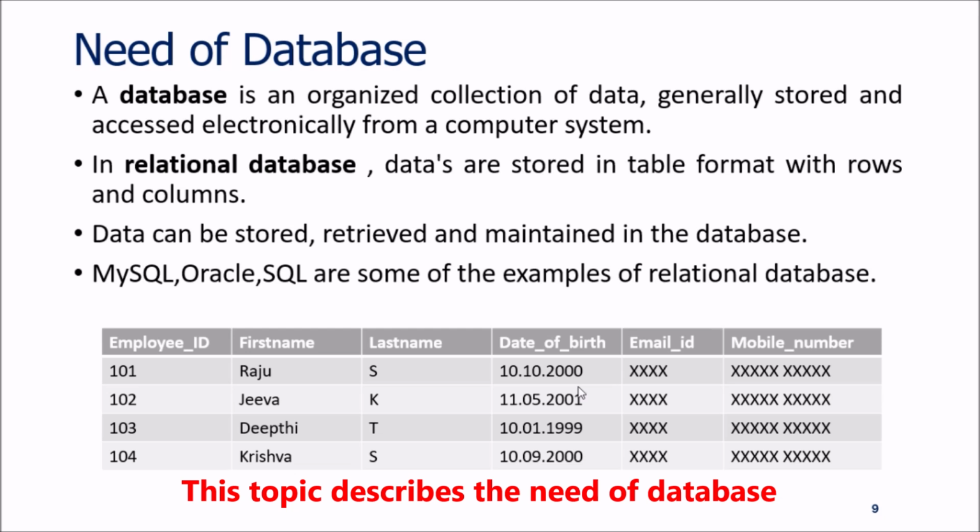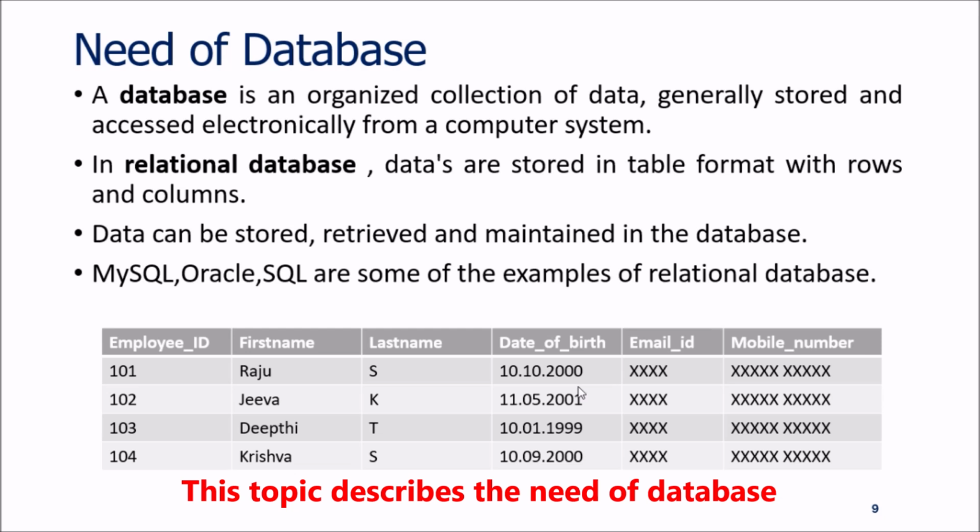These databases are called relational databases. In a relational database, data are stored in a table format, that is, rows and columns. Data can be stored, retrieved and maintained in the database.